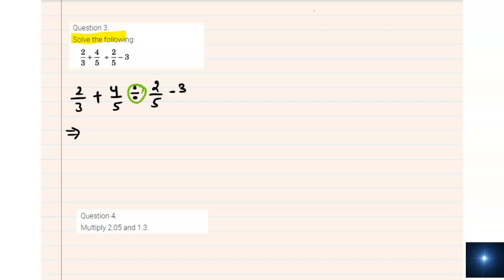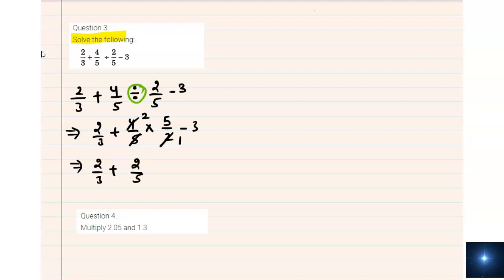Change uppercase into lower and lowercase into upper. So here we will do the same thing, which is 2 by 3 plus 4 by 5 into 5 by 2 minus 3. By cancelling 2 with 4, we get here 2 and 1. So the equation will become 2 by 3 plus 2 by 5.